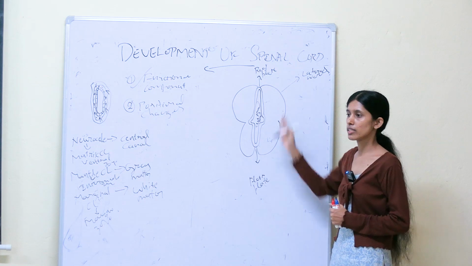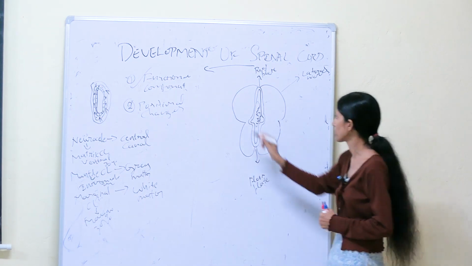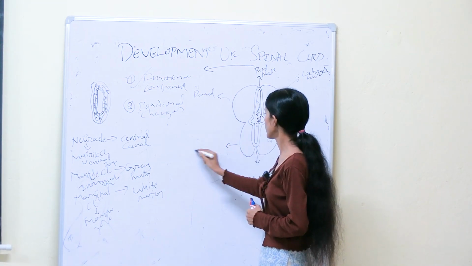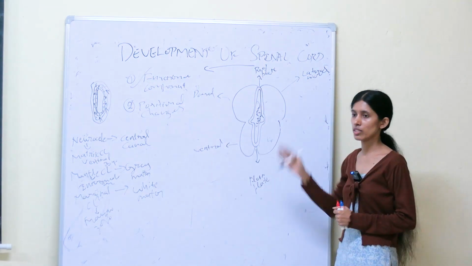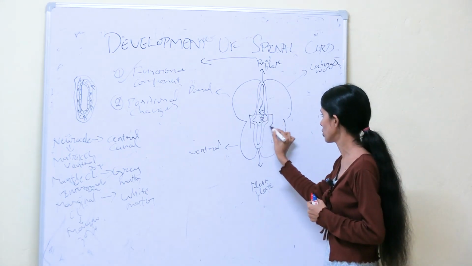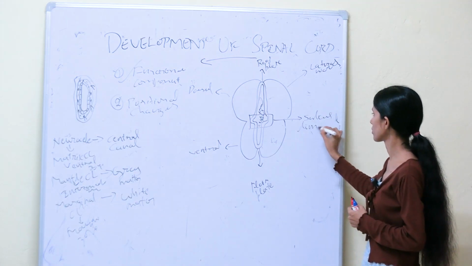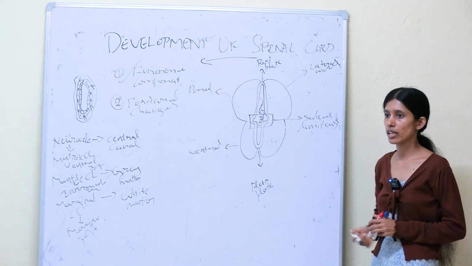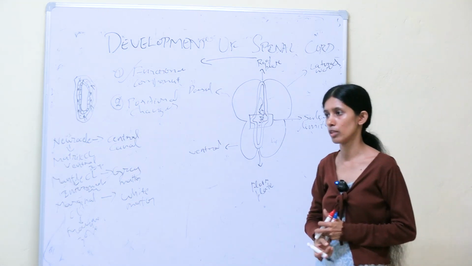Okay. This entire structure is divided into dorsal part and ventral part. This area is the dorsal part and this area is the ventral part. This division is made based on the presence of a sulcus in this region. This is called as sulcus limitans, L-I-M-I-T-A-N-S.